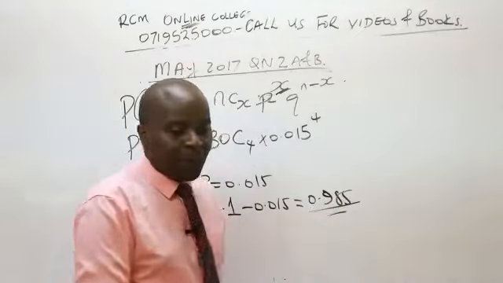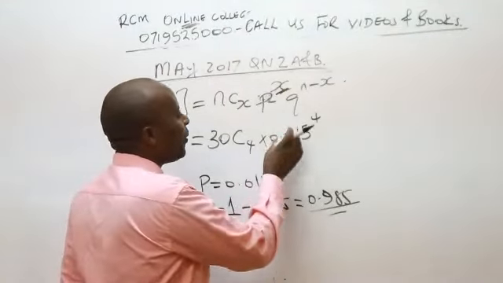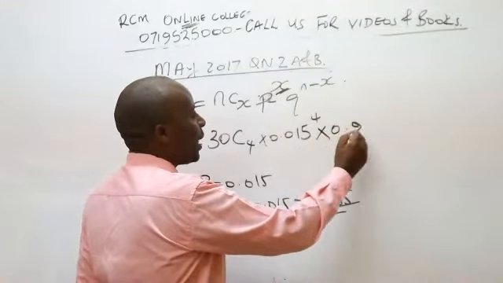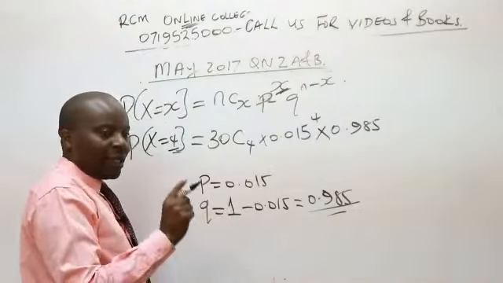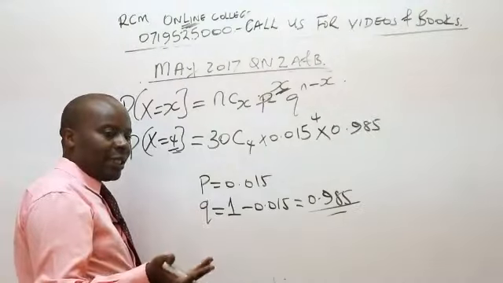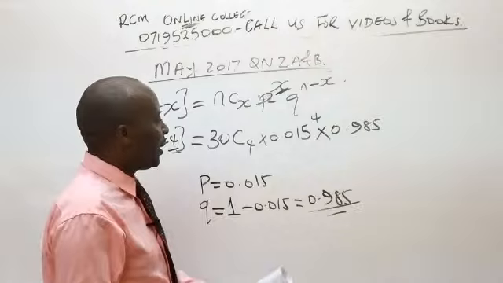Now, the moment I've got those two parameters, I know that my q is 0.985 raised to n minus x. Now listen, n is 30, x is 4. When you subtract the two, you should get 26.